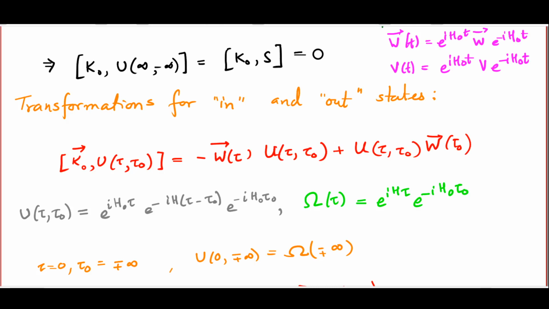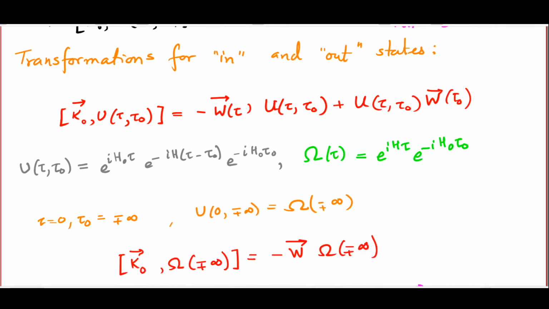So if you do that, then the commutator that we have between K0 and U(tau, tau 0) becomes the following. U(tau, tau 0) in the limit of course becomes omega(minus plus infinity). On the right hand side, what we have is W(tau 0) which vanishes in the limit minus plus infinity.